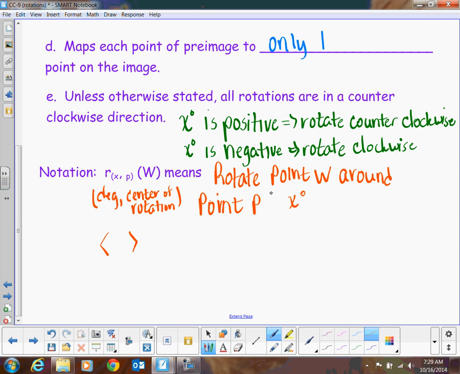It's rotate point W around point P x degrees.